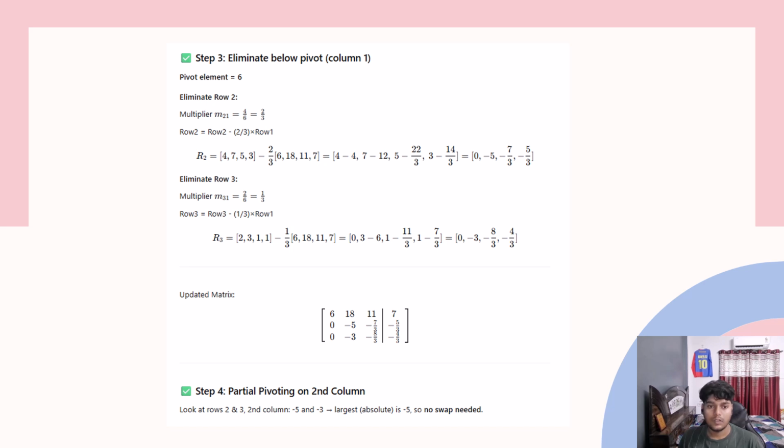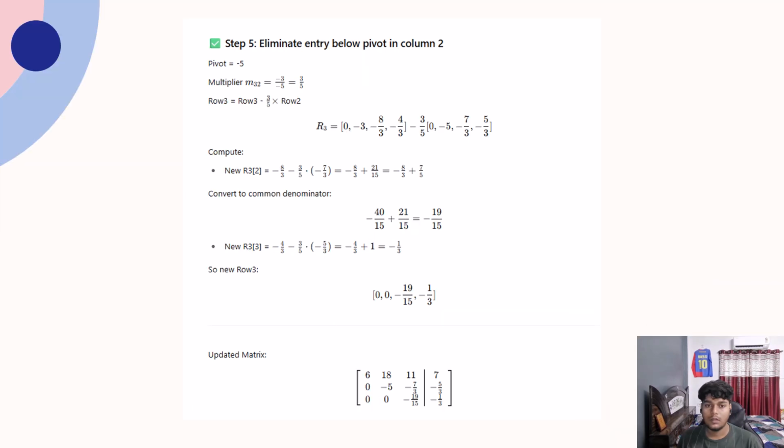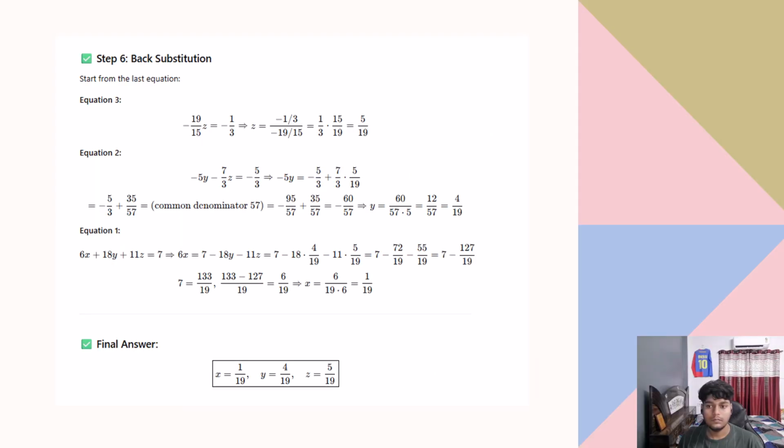And after all the solution, we get the updated matrix 6 0 0 18, minus 5/3 11, minus 7/3, minus 8/3 7, minus 5/3, minus 4/3, and then applying partial pivoting on column 2. And then after the back substitution, our final answer is x equals 1 by 19, y equals 4 by 19, z equals 5 by 19.